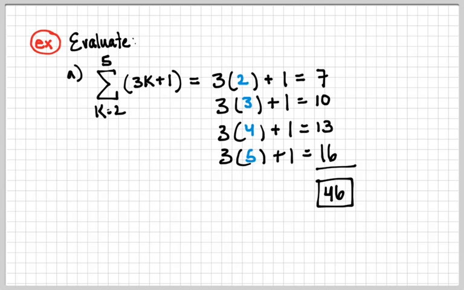Alright, the last example we'll look at, part B, you can write this right next to it if you still have space. M equals 1, going up to 4, 1 over m times m plus 1. Again, lay it out in terms of how many terms you have.